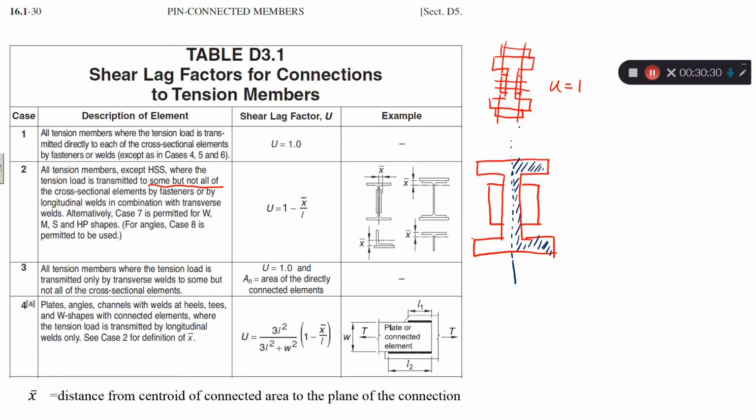So x bar is the distance from the centroid of this channel to the connecting surface. The connecting surface is the interface between the plate and the channel. So that's going to be your x bar.